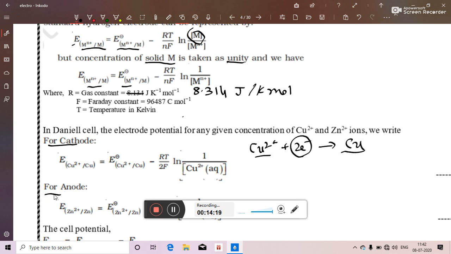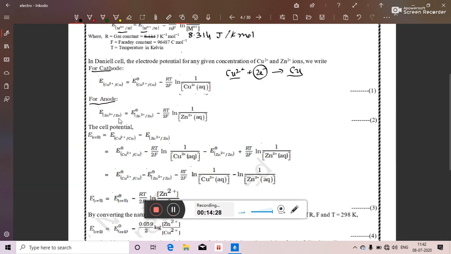In the same way for the anode also we can write down the reduction potential for the non-standard half cell. For Zn, the reduction reaction is Zn2+ accepts 2 electrons to form Zn.